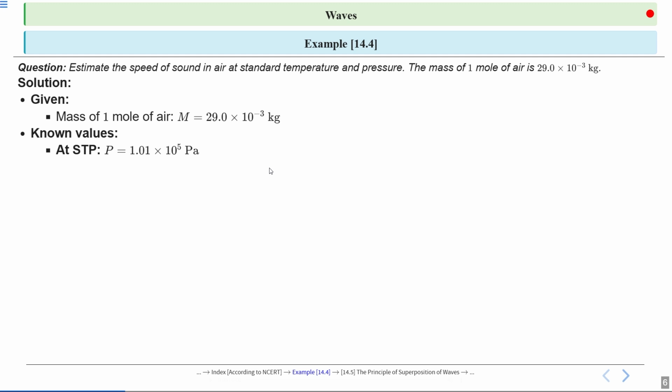So at standard temperature and pressure, P equal to 1.01 into 10 raised to the power 5 pascals. And the temperature T equal to 273 Kelvin.